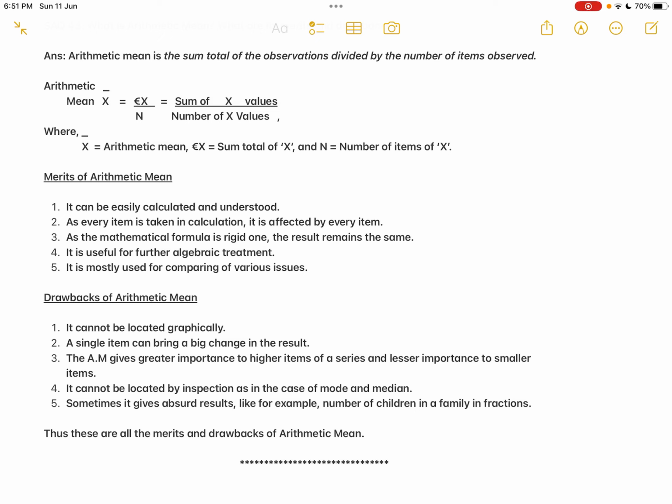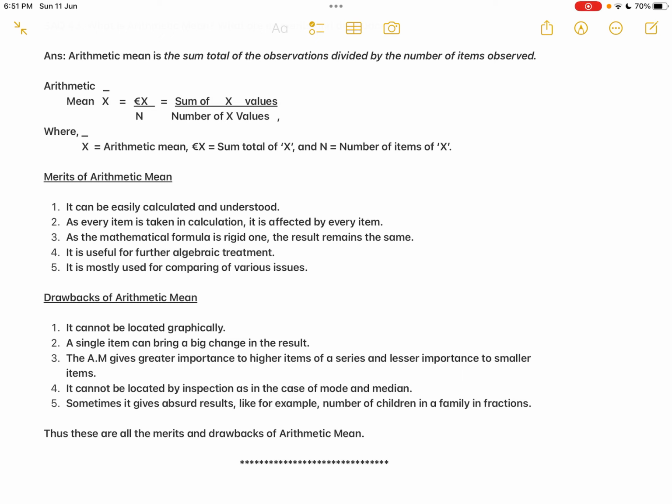And finally, sometimes it gives absurd results, for example the number of children in a family in fractions. What is the formula? Sum of x values divided by number of x values. So if you are calculating the number of children in a family, based on that you will arrive at a fraction. It may come to 2.5 children in the family, or 3.5 children in the family.